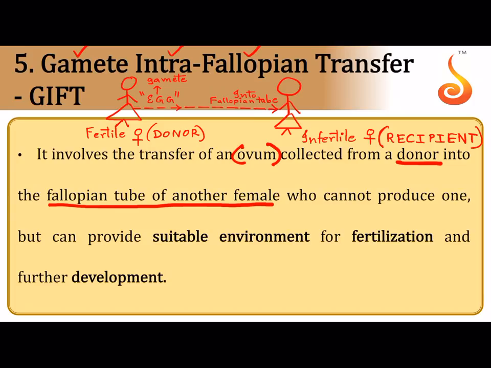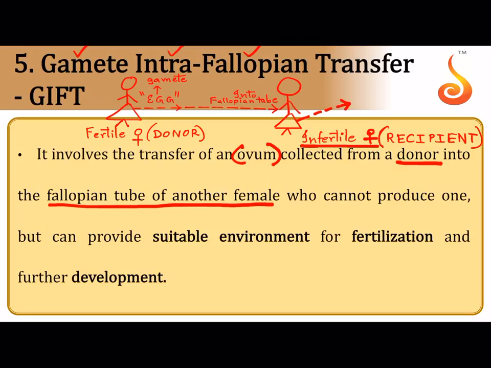And then once she has received the egg, the infertile female may participate in coitus with her husband, and only the egg will be from another woman, and she will not be the genetic mother, obviously, because it is not her egg. So she will not be the biological mother, isn't it? Genetic mother, because it is not her egg. Did you understand what is happening here?